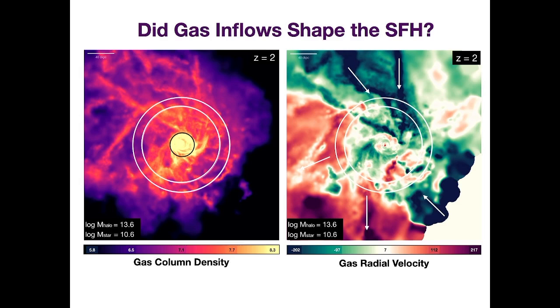So we are looking mainly at the gas inflows of these galaxies in protocluster and field environments. To do that, we are looking at a 5 kiloparsec shell around 10 half-stellar-mass radii, at about 25 kiloparsec from the center of the galaxy.